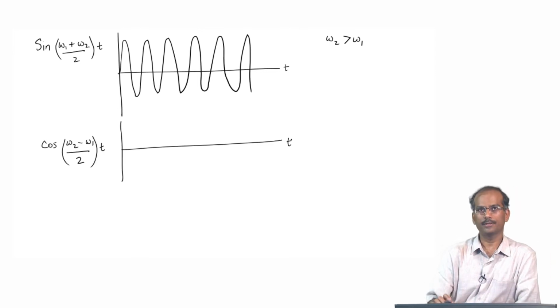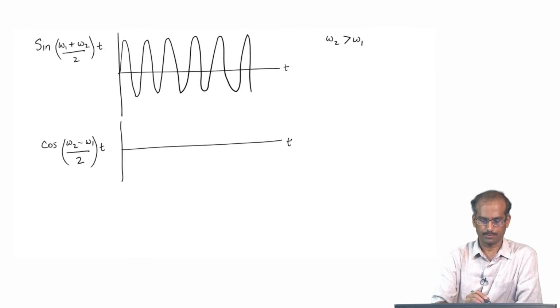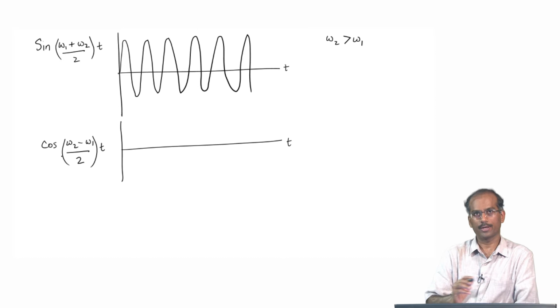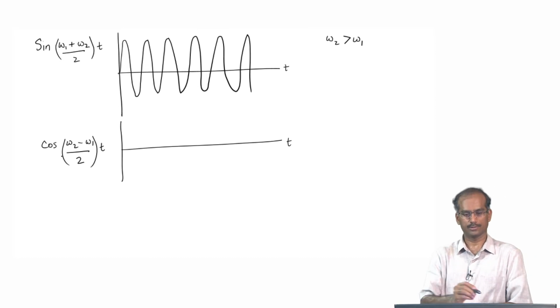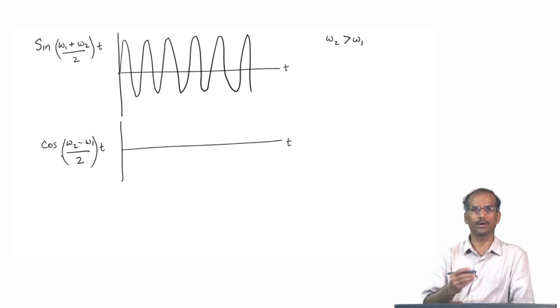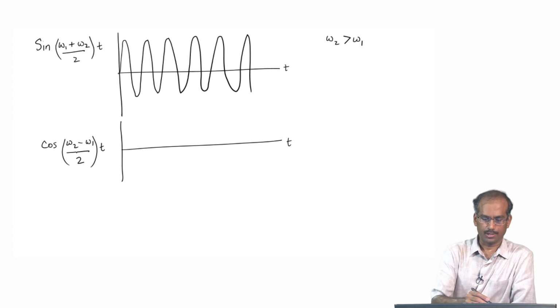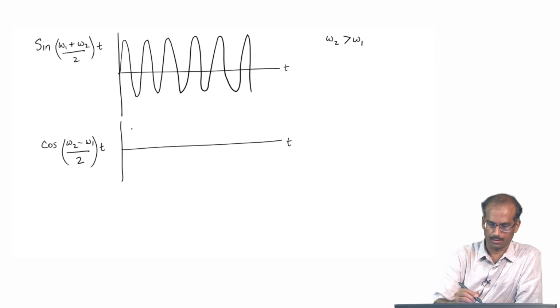If you keep in mind that omega 2 is greater than omega 1, you would notice that this number omega 2 minus omega 1 is smaller than omega 1 plus omega 2. So, clearly this is going to have a much smaller frequency of oscillation.